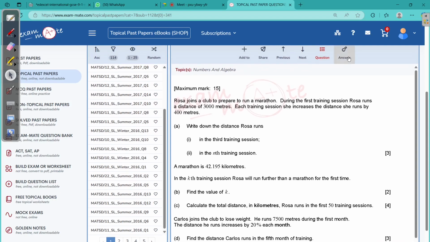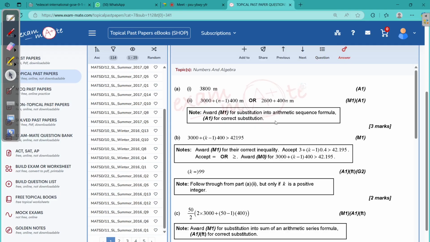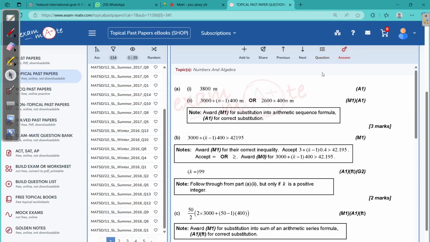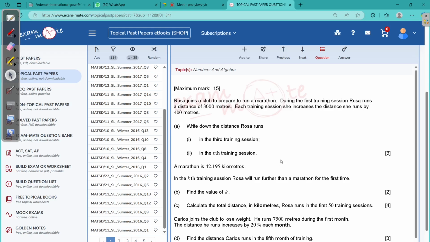Okay. Let me check. No, it still works. Your answer is wrong, but it still works. 400n plus 3,000. It's 400 you add for each day, and you add 3,000 at the start. You are saying it should be 3,000 plus 400n, right?